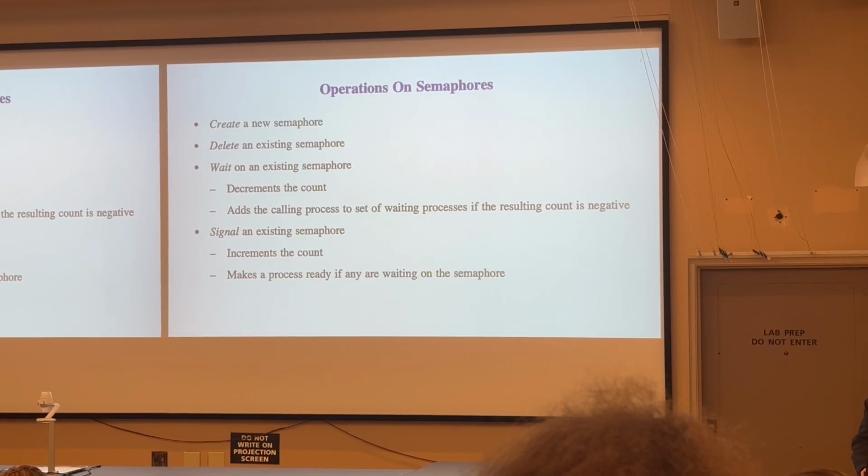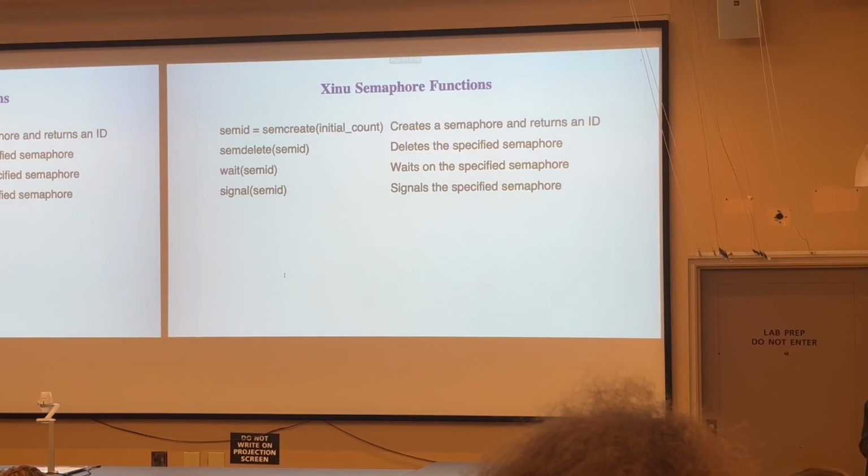These are the functions that Xinu designs. You can create a semaphore using the initial count as a parameter, delete the semaphore using the semaphore ID, and wait on and signal that semaphore.